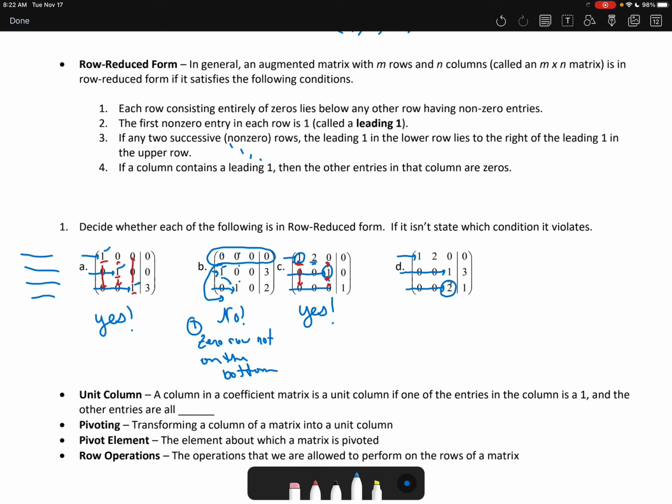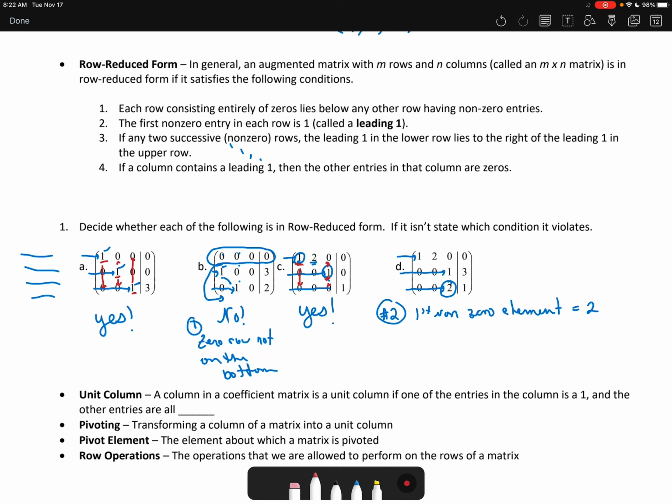It's a 2. So it's violating number 2. The first non-zero element is 2, not 1. So that's wrong.